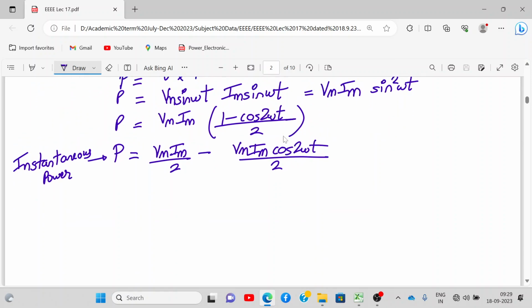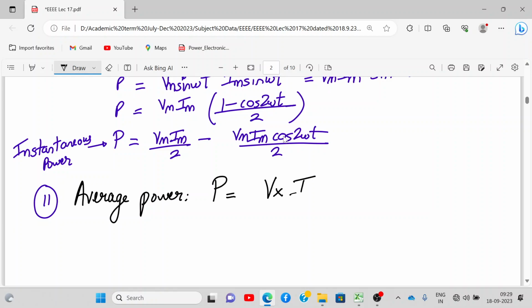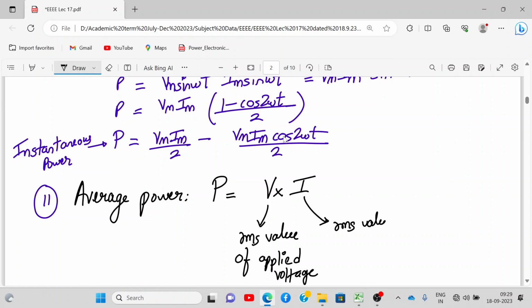What will be average power? So average power is important. Average power P will be V into I, where V is the RMS value of applied voltage and I is the RMS value of circuit current.